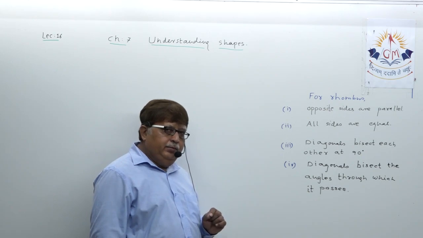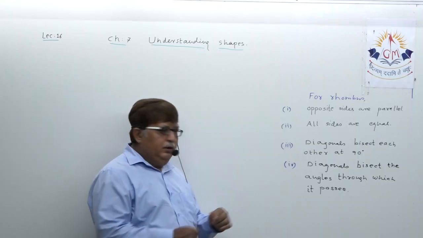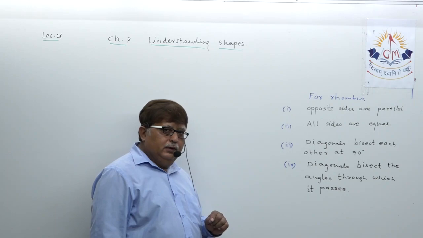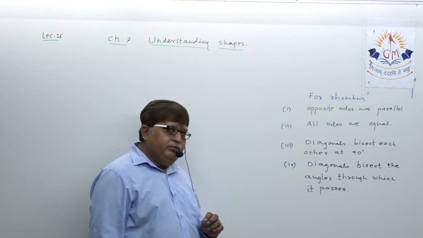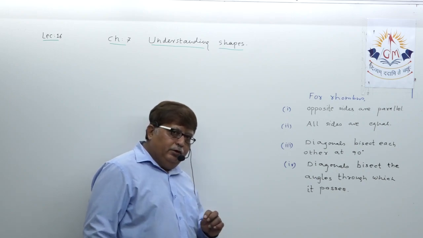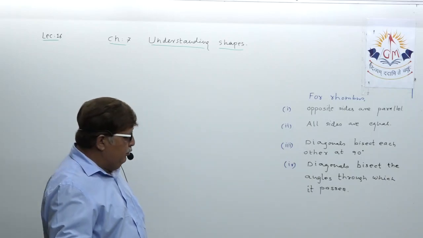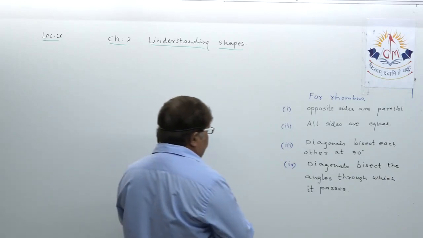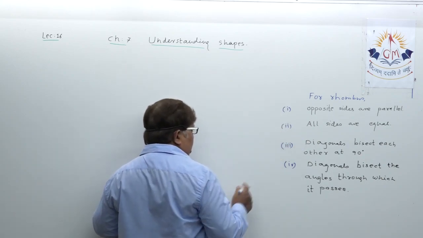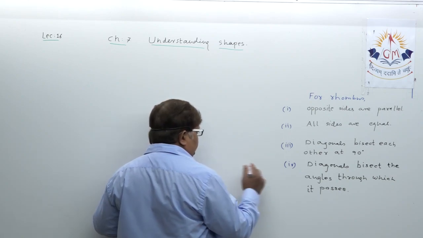You understood this? So this is a very important property which we are going to apply today in solving some of the very important examples of rhombus. Our target today is this particular property because the rest of the properties and their application you have already been explained.